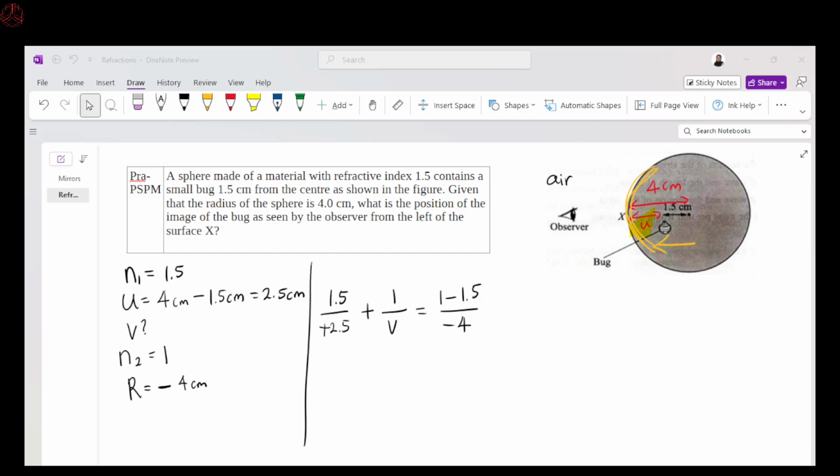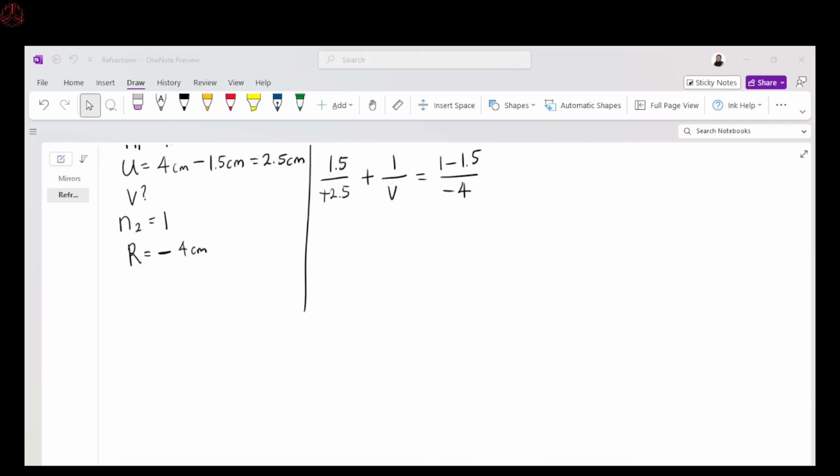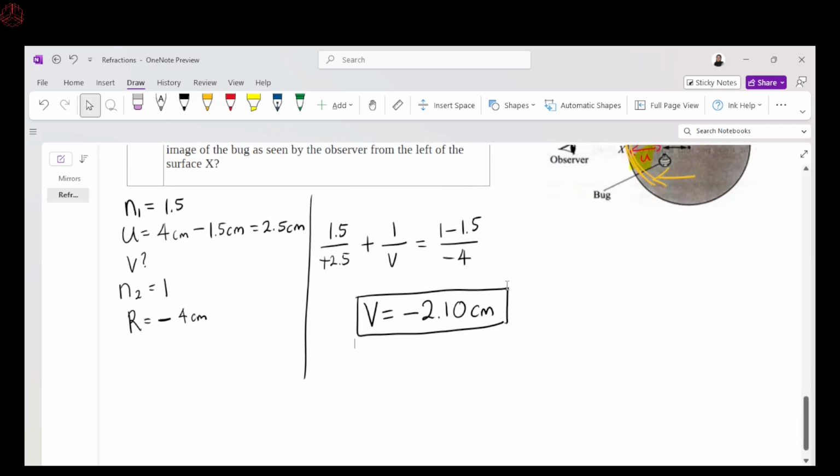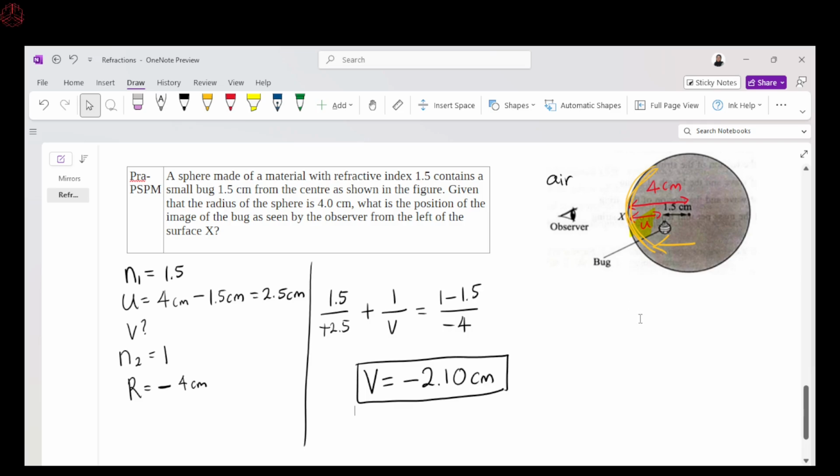Take a second or two to input this into your calculator and press enter, and what you will find is that your v is in fact equal to negative 2.10 centimeters, which means that the image formed is going to be a virtual image.